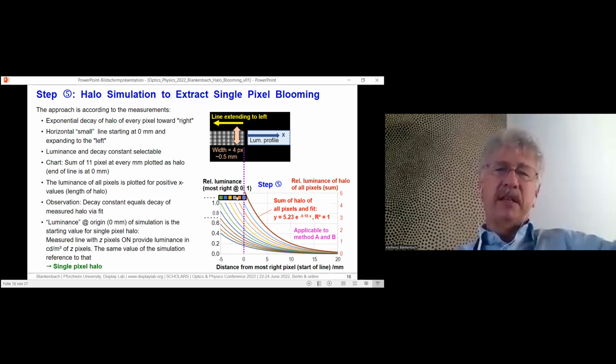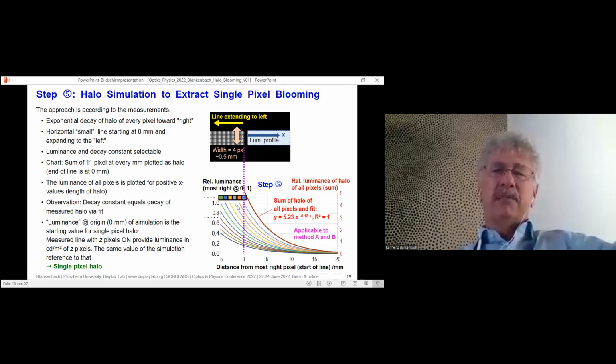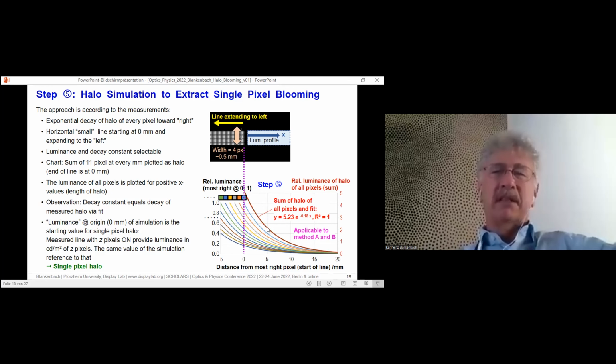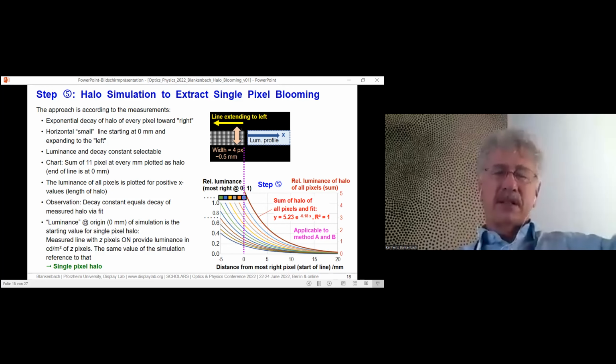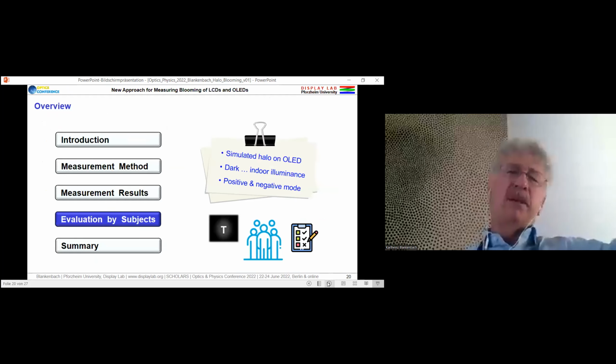You see it here, and have the exponential decay, as you see here as well on the right side, and modify the parameters of the exponential decay until the measured profile is achieved. And this is very easy and simple to do, and therefore we have proven that we are able to measure a single pixel. So that was a measurement method.